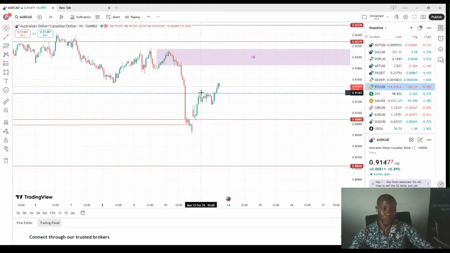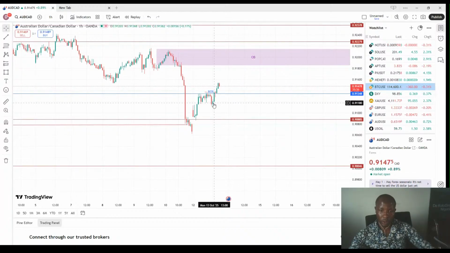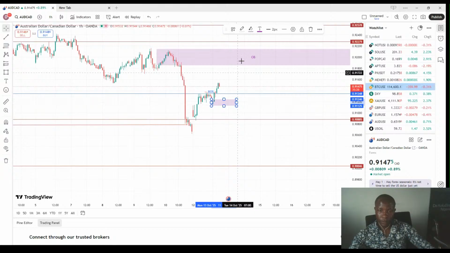So let's read the internal structure. There is a break of structure here. This is the last break of structure on the 1 hour, but this one is an internal break of structure, and we have this unmitigated order block there, not resistance.